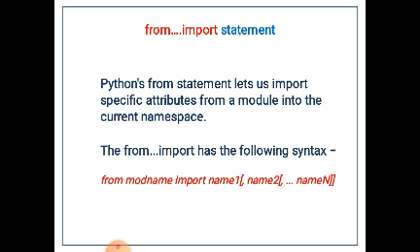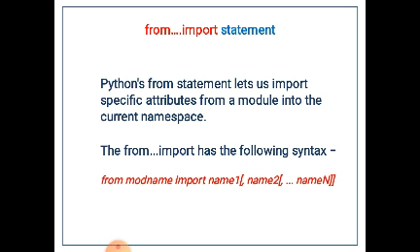The import statement has to search for the module, but the from import statement specifies that the module is in a particular location. Python's from statement lets us import only specific attributes from a module into the current file.